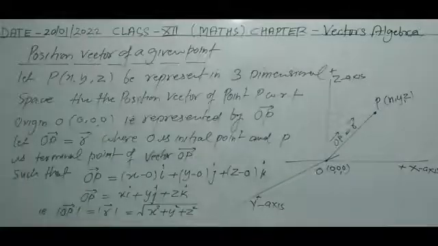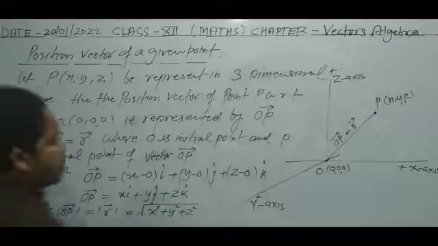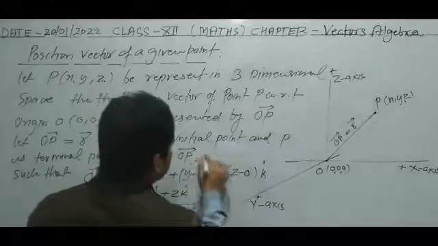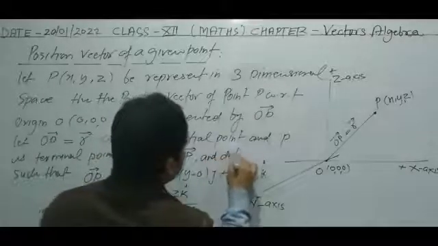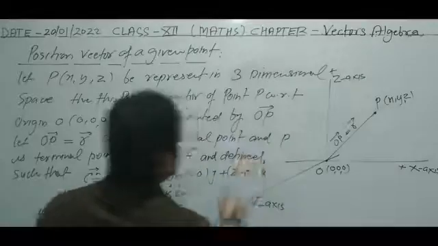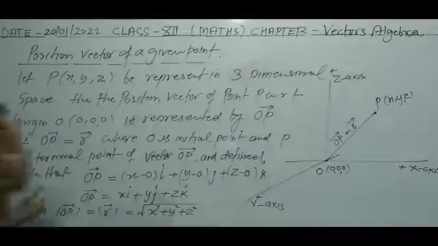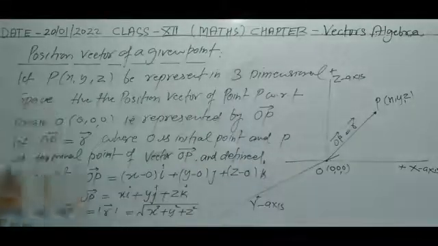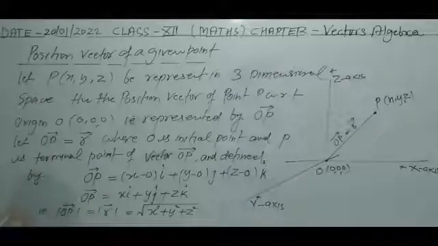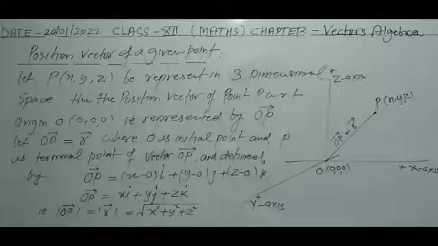So this is the position vector, defined by this. Now this one is completed.